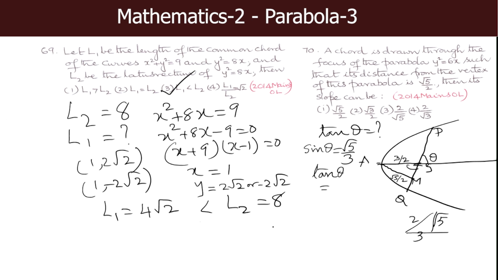So, sin theta is √5/3, sorry, and this is 2. So, √5/2. Simple question. So, the slope of this focal chord is √5/2.